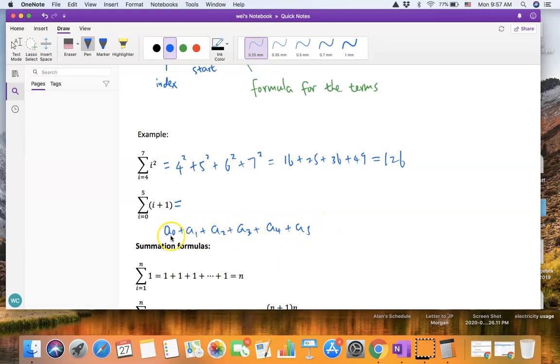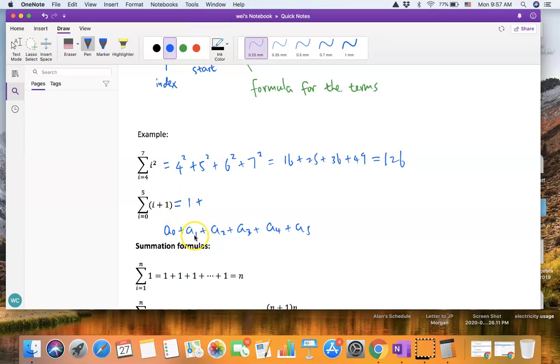For the first term, the input value is 0. Since the equation of the function is i plus 1, when i equals 0, the function value is 1.